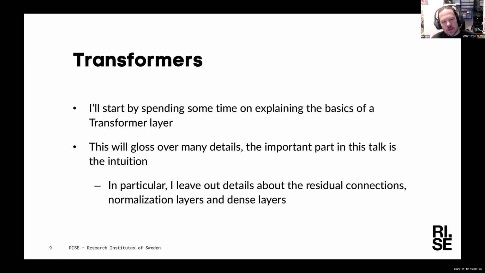When I do this, I will gloss over many details. So this talk is more about intuitions than it's about rigor, I would say. And in particular, when it comes to the architecture, I will not mention the residual connections or normalization layers and dense layers, which are all important parts of the architecture. But for now, we'll focus on the stuff which affects the complexity of the model mostly.